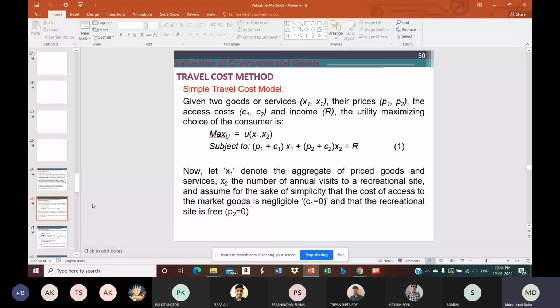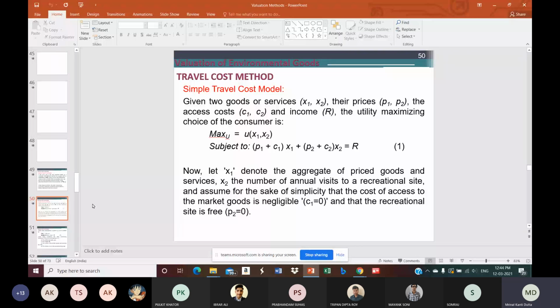In this constrained optimization problem, we have P1 plus C1 multiplied by X1. Basically, it means that the income of the consumer cannot be exceeded by the expenditure incurred on travel and other attributes.